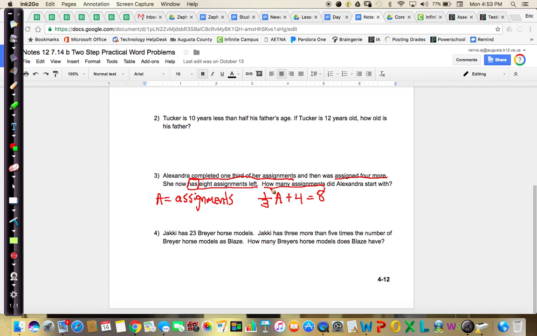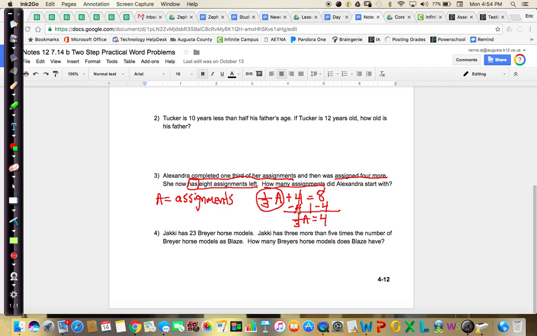Okay, so we're going to circle our variable and draw our t. The opposite or inverse of adding 4 is subtracting 4. 4 minus 4 is 0. Bring down your variable, and 8 minus 4 is 4. Now, we talked about this.